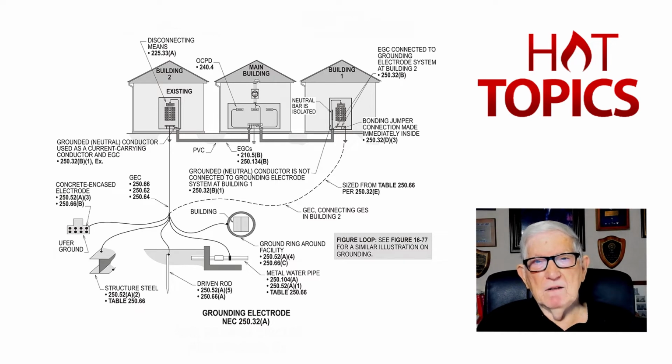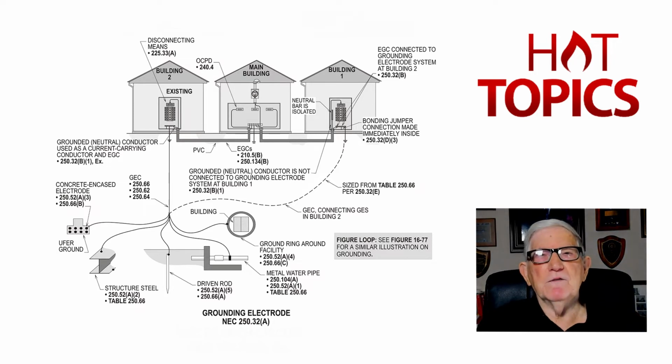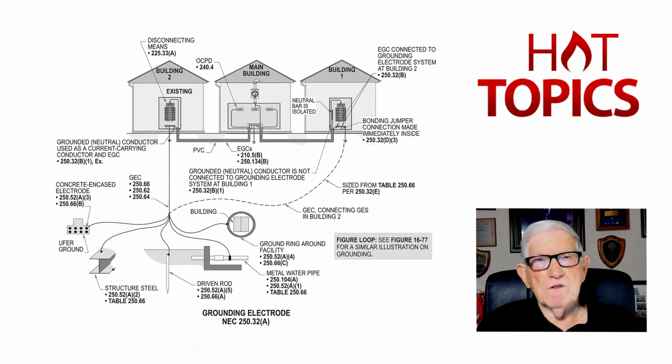Now, say that you calculated a number 6 neutral, very little neutral load, but a lot of 3-phase and single-phase loads without neutral connections. Then it'd have to be number 4, because the equipment ground had to be number 4, so you'd use the larger of the two, as the 2002 NEC would require you to do naturally.